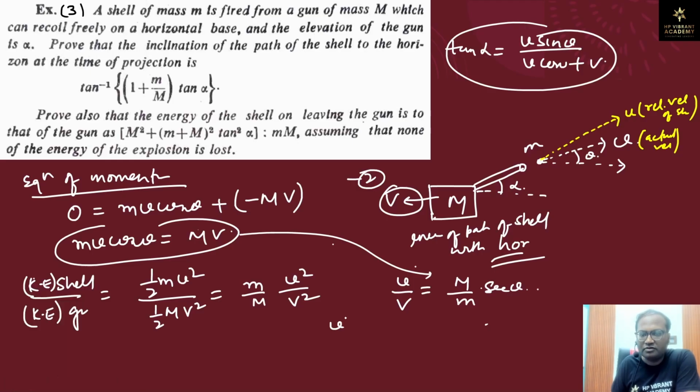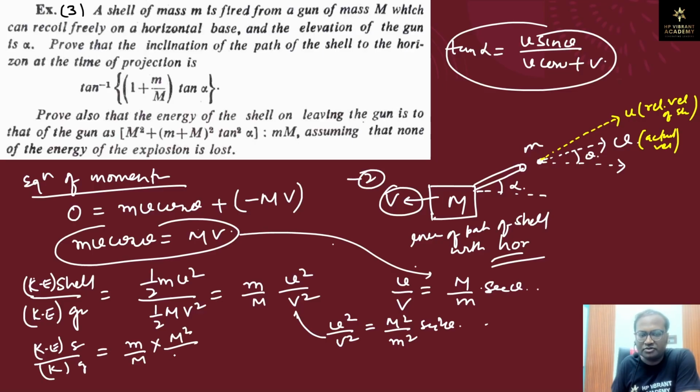So we have small v square upon capital V square is equal to capital M square upon small m square into sec square theta. Let us place this here. So we have kinetic energy of shell upon kinetic energy of gun is equal to small m upon capital M into capital M square upon small m square into sec square theta.